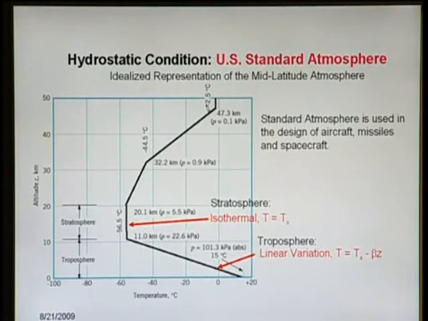Now, from 10 kilometer to 20 kilometer, this variation is isothermal and we have a constant temperature, right. So, if we have this temperature variation in the 10 kilometer zone, T is equal to T naught minus beta z, then correspondingly we can substitute this value here and integrate and find out the pressure variation also.